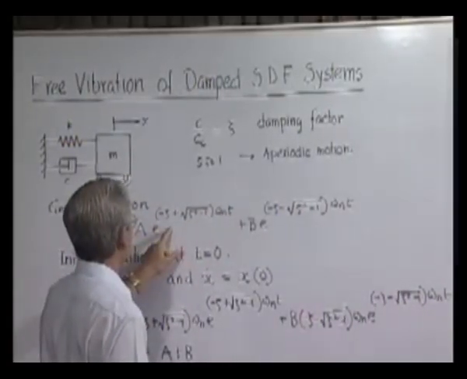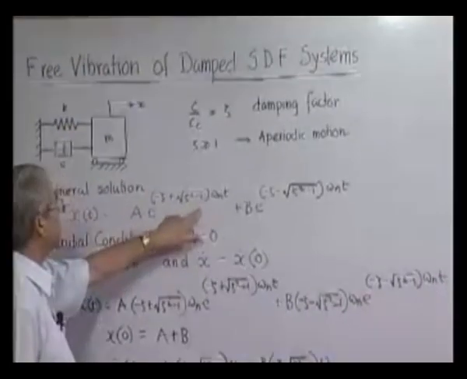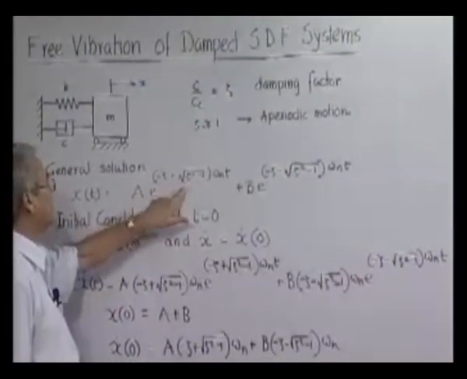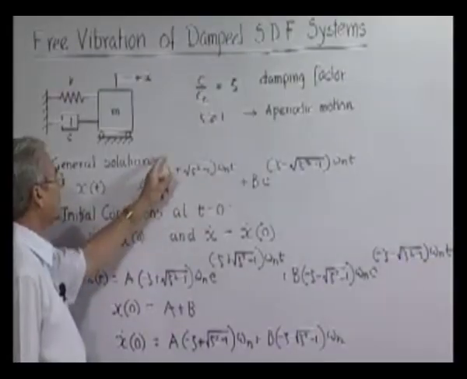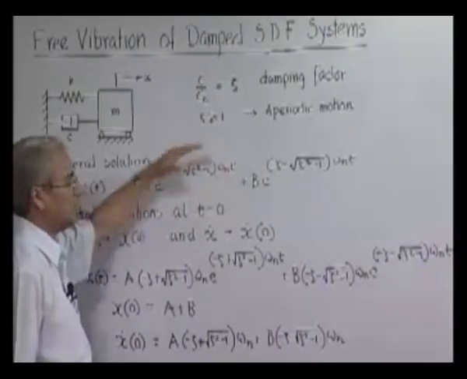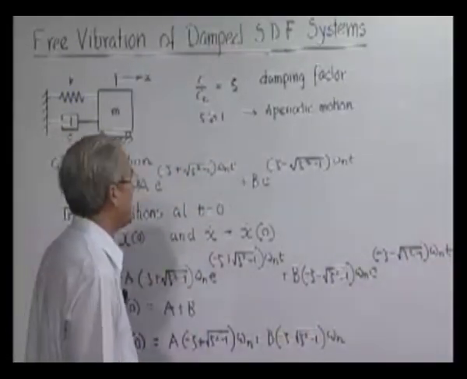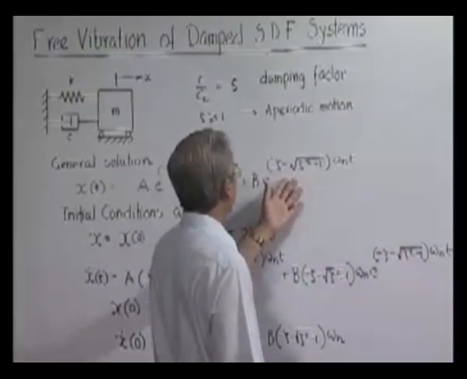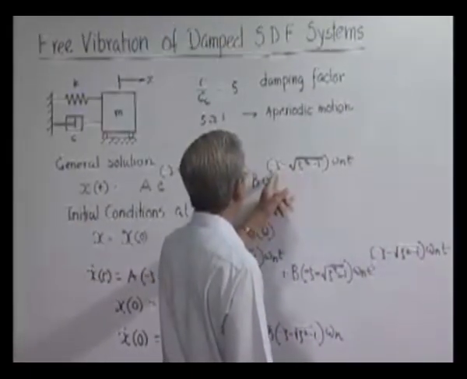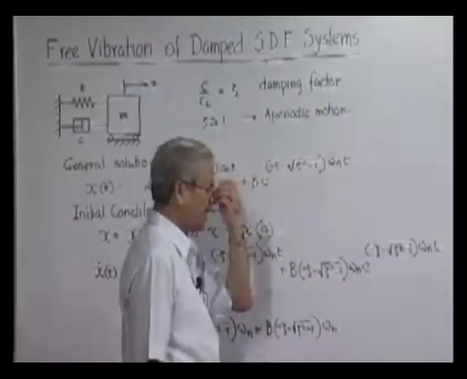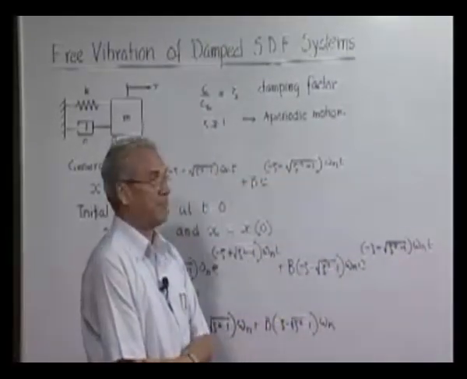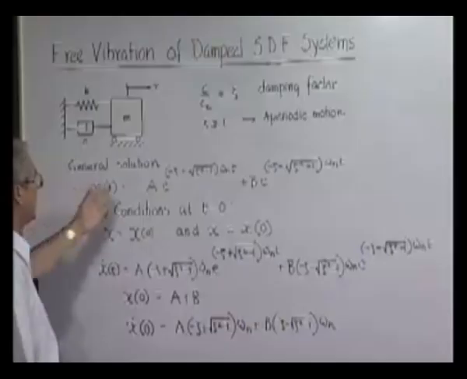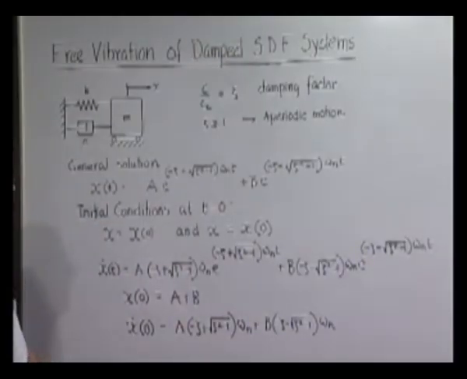This one is a negative real number, because this is less than zeta but positive, this is minus zeta. Therefore, this quantity will be negative and this term will be decaying with time, as I mentioned earlier. Same is the case here. This is less than 1, but both being negative, it is a larger negative value than this, and this will also decay exponentially. So, we can say that this system will asymptotically decay.